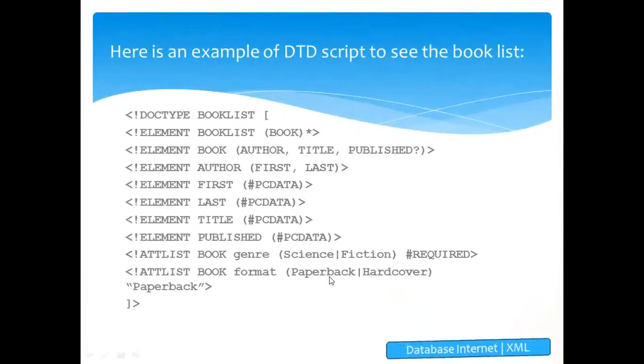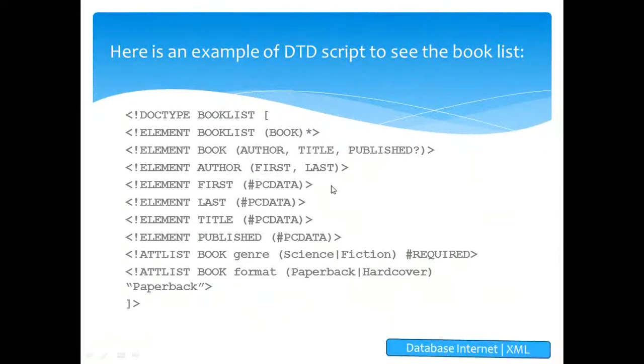Here is an example of a DTD script for the book list. The element book contains author, title, and publisher. Author contains first and last.